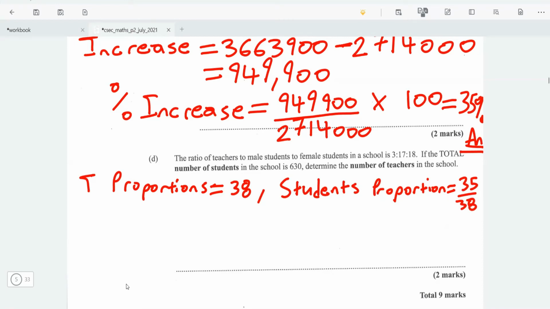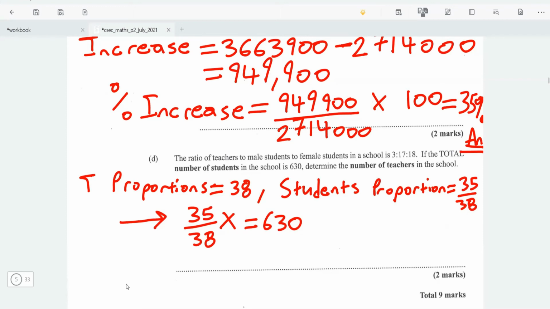So what that means is that implies that 35 out of 38 of the total amount of people in the school, let's put it as X, must equal to 630. All right, so 35 out of 38 of x must equal to 630, where x represents the total amount of teachers and students together in the school.